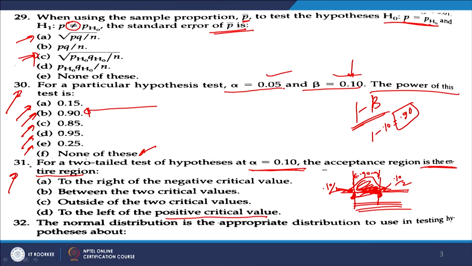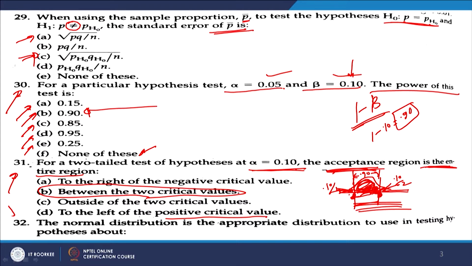What would be the correct answer? It is very simple. It is this region, between the two critical values. We said initially that a two-tailed test means there are two rejection regions, and the region which is not a rejection region is the acceptance region. So this is how you can solve question number 31.